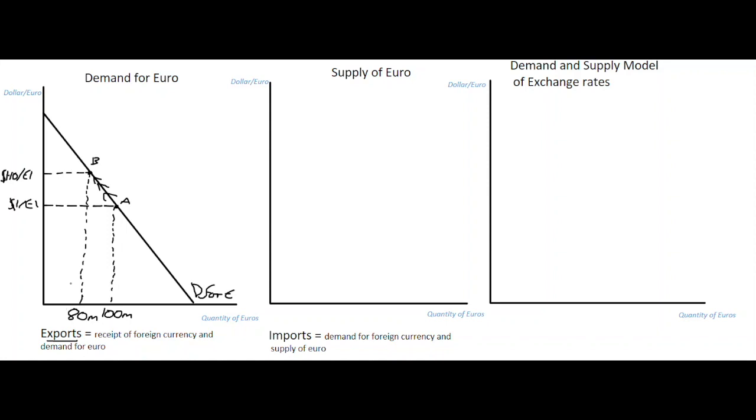We can also look at the opposite of this, where there is a depreciation, and following a depreciation, let's say the euro is now worth only 90 cents in terms of dollars. In this case, what will happen is we will move to point C on the graph, which is an increase in demand for euros, and again we can relate it into exports.